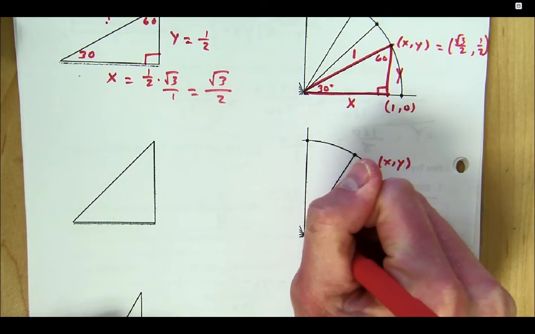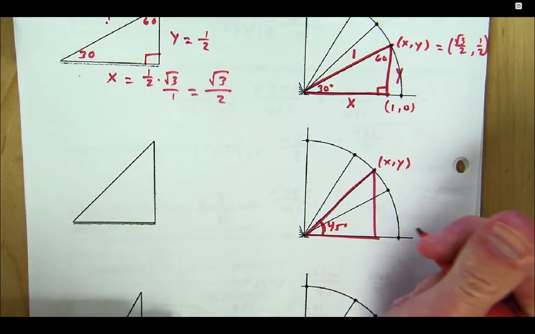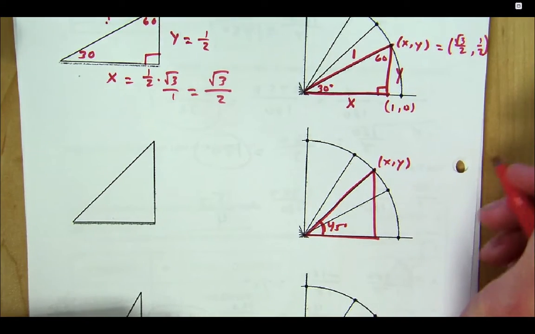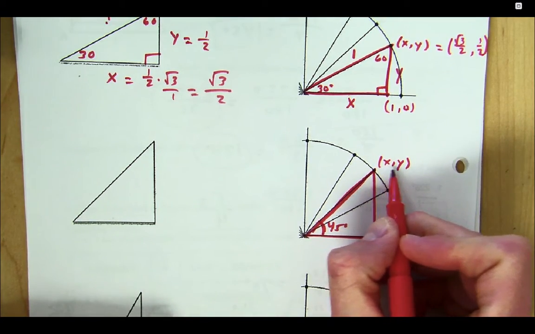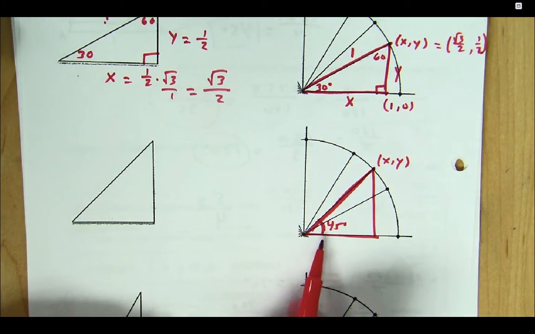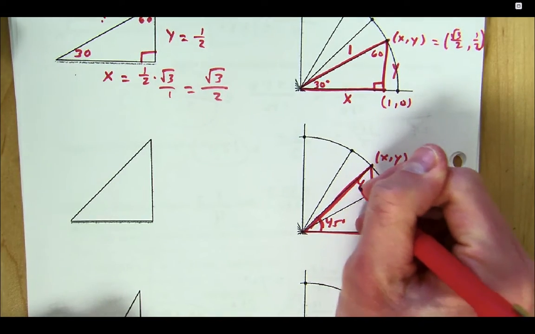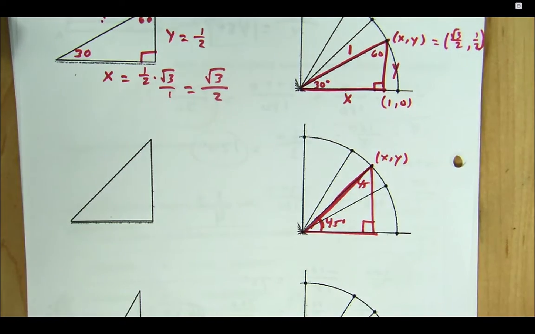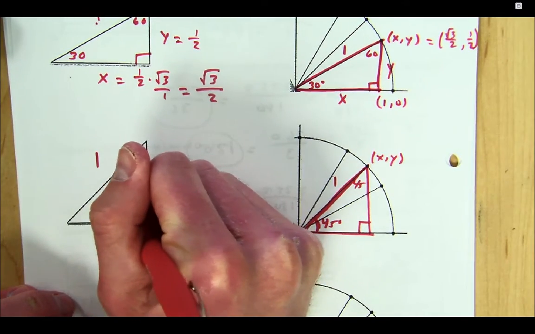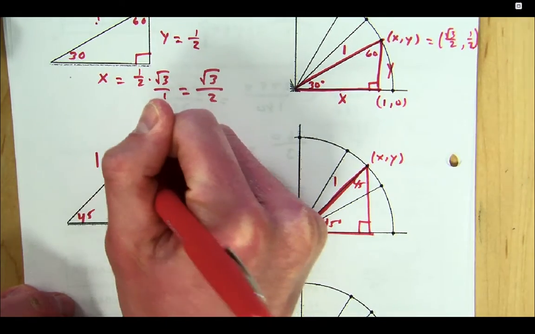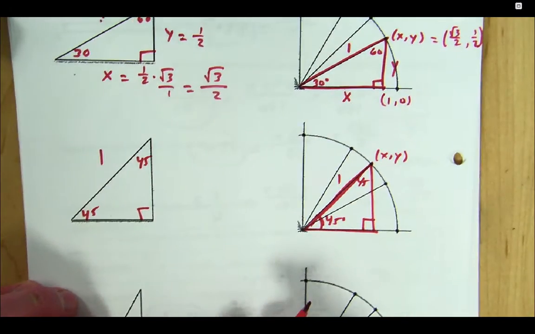This is a 45-degree angle now. And so what you're looking for is this xy coordinate in a 45-45-90 special right triangle, where once again we know that the hypotenuse is 1. So I'll just transfer that over here to give us some more space.